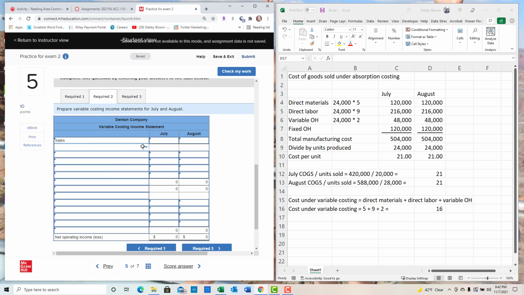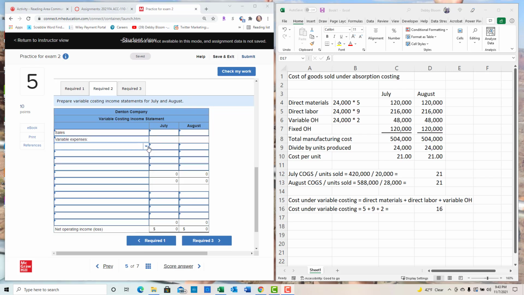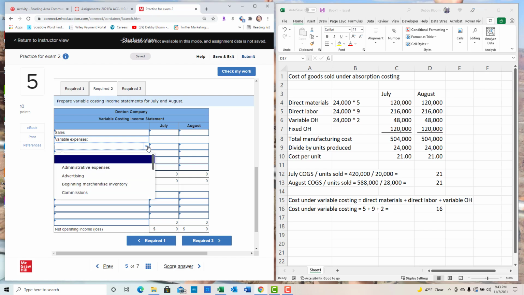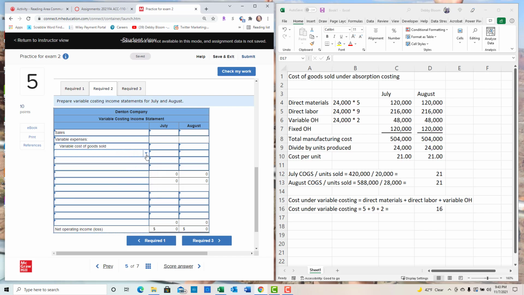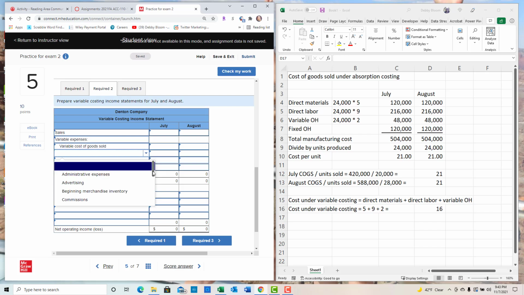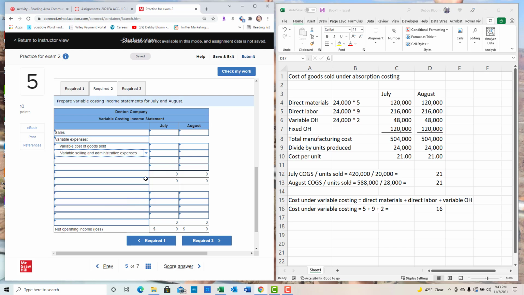And then we're going to subtract all of our variable expenses. Our variable expenses are our variable cost of goods sold, and then variable selling and administrative. We will calculate those in a moment.